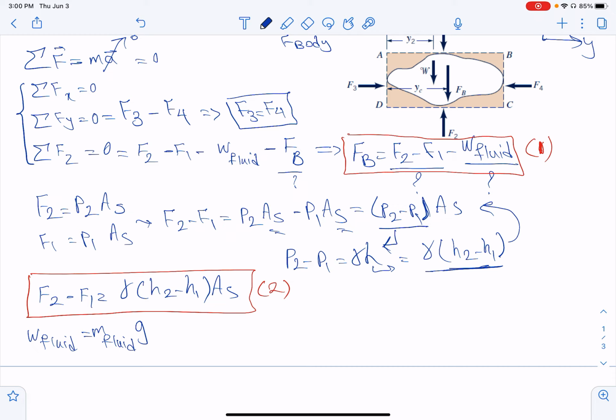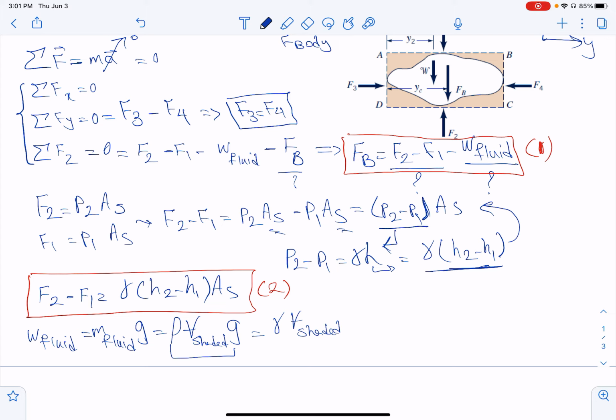And we know that m is going to be rho times the volume of that shaded body, and we have a g here. So we also know that rho g is gamma, so we have gamma times the shaded volume, right?